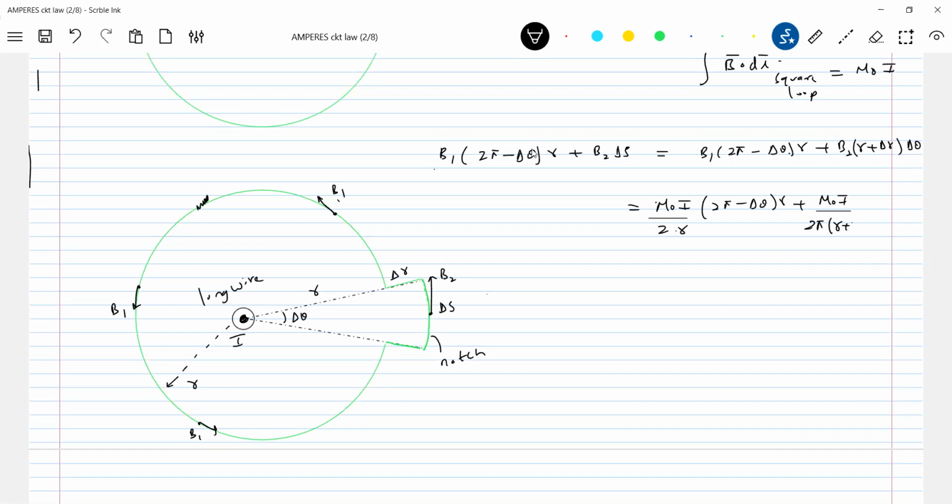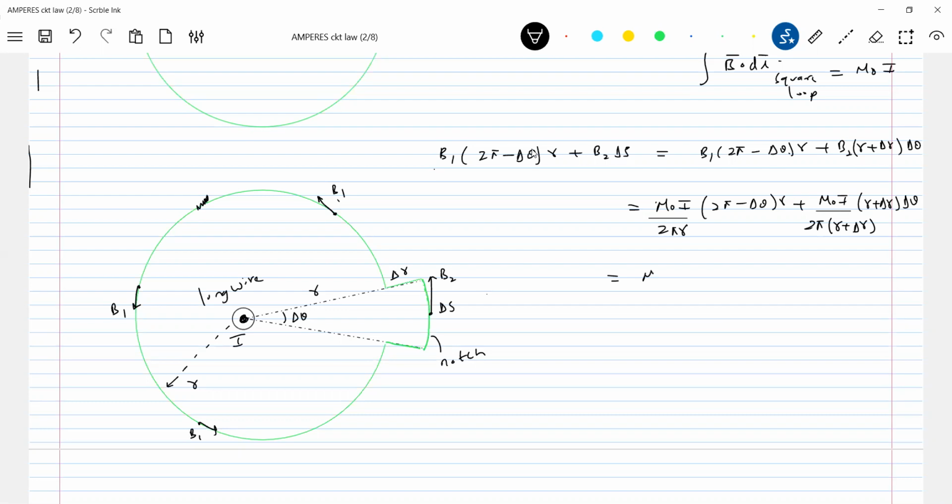So this pi will not be there. Oh, sorry, long wire, no? Not ring. Yeah, 2 pi r delta r. So let's simplify this.